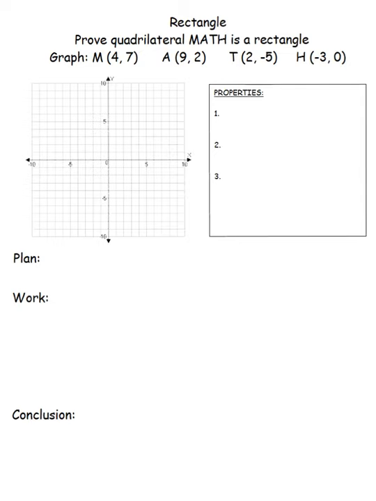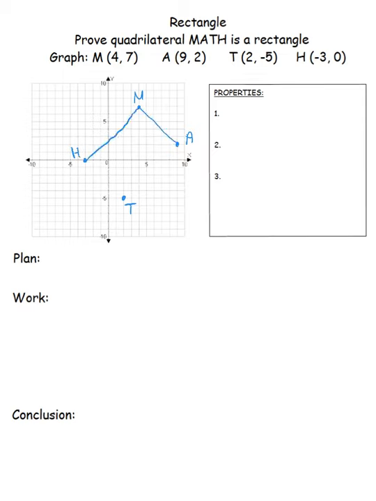So if we look at this example, first thing that we want to do is plot the picture. So M is 4, 7. A is 9, 2. T is 2, negative 5. And H is negative 3, 0.